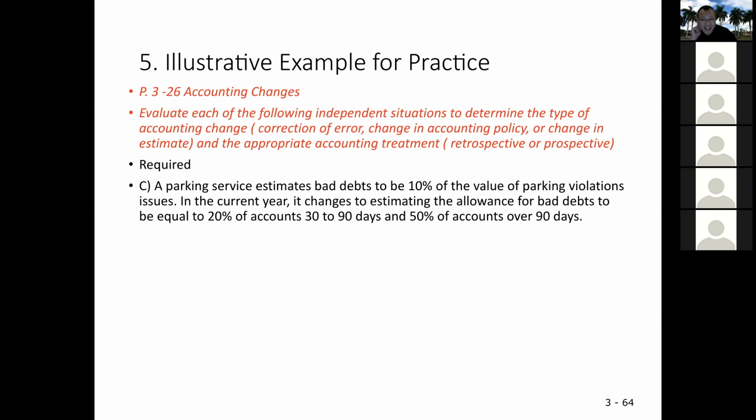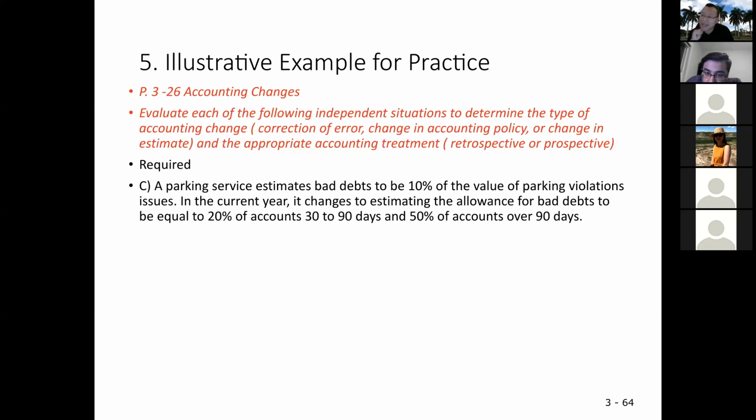So is this a change in policy or a change in estimate? I'm going to say change in estimate. Okay, so previously, how did they estimate bad debts? 10% of the value of the parking violations issued, right? They use 10%.